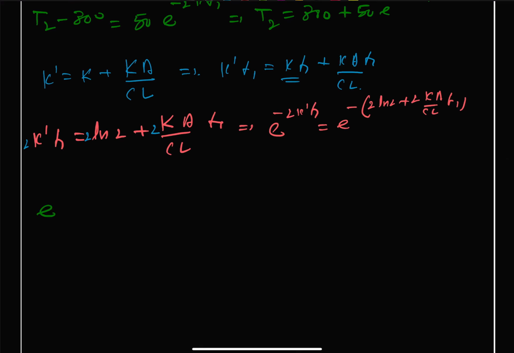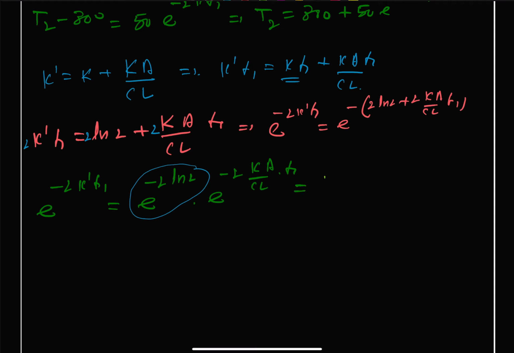This e raised power minus 2 K prime T1 we can write as e raised power 2 natural log of 2 multiplied by e raised power minus 2 Ka upon Cl times T1. And this exponential will be coming as 1 by 4.